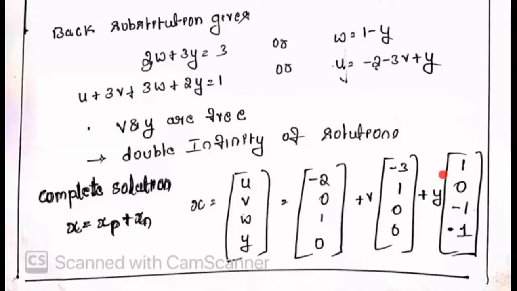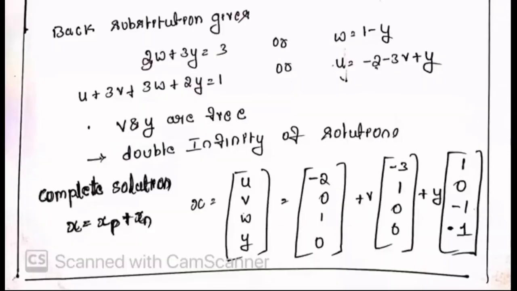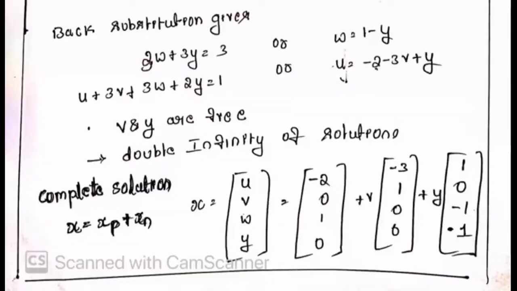Okay, so what you did up to now is express pivot variables in terms of the free variables. Now this is very important. If you observe this, we have the variables u, v, w, y. Now what is u? u is nothing but minus 2 minus 3v plus y.